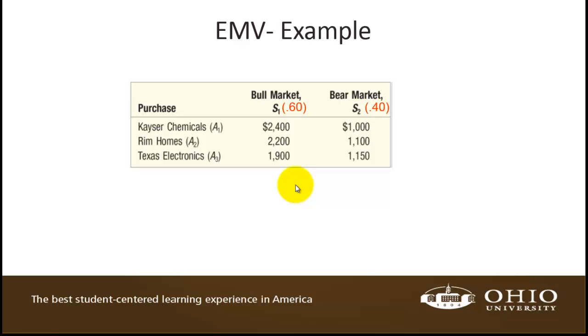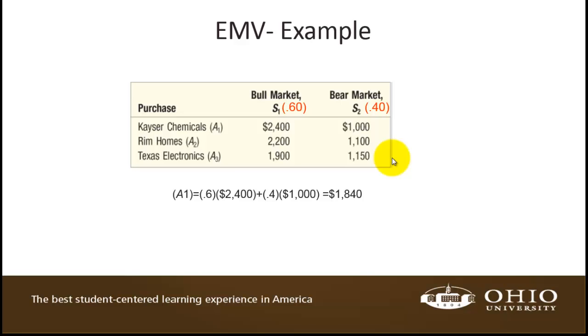So what we're going to do there is take the 60% and multiply it by the payoff for a market rise and add that to the product of 40% times the payoff, given that we have a market decline, and we ended up with an expected payoff or an expected monetary value of $1,840.